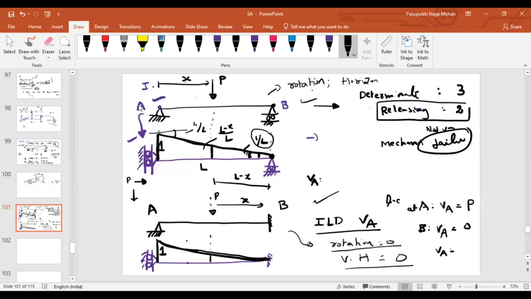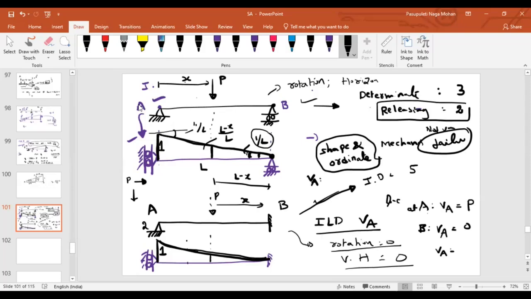That means if you are talking about determinate structures, if you draw the ILD by using this concept, you will get the shape of the ILD as well as the ordinate values. Why? Because the mechanism follows. In this case, determinate or indeterminate? Second case, I can say this is indeterminate, isn't it? How many total reactions are there? 2 plus 3, 5.